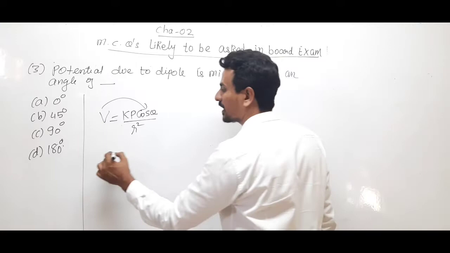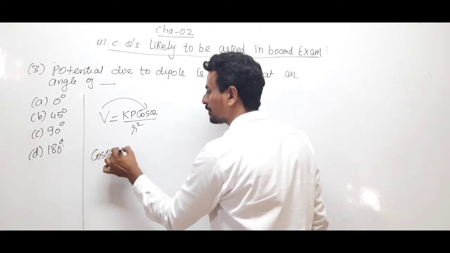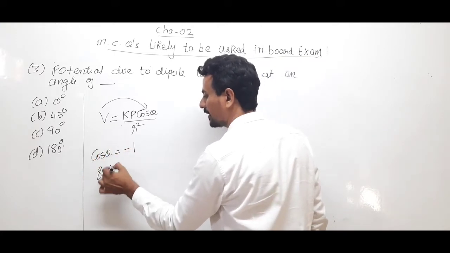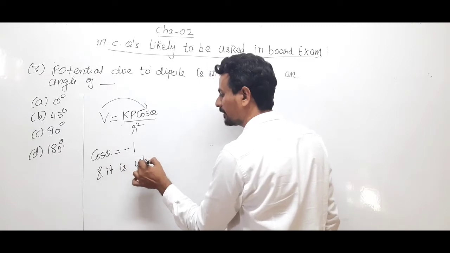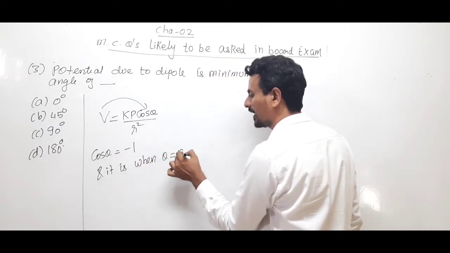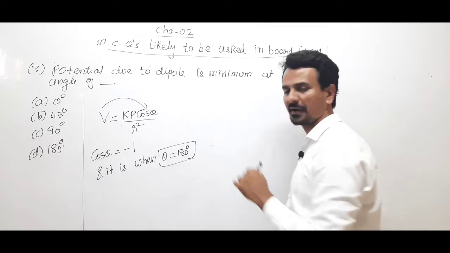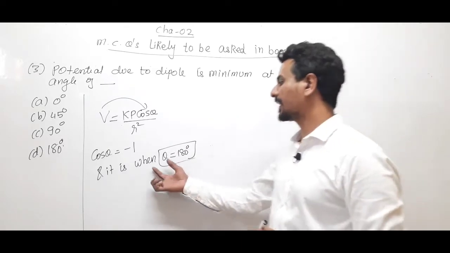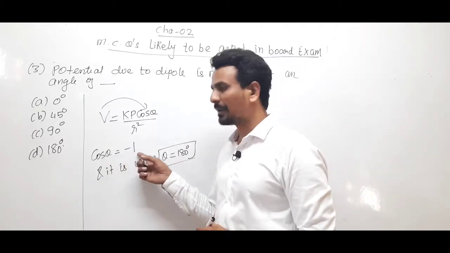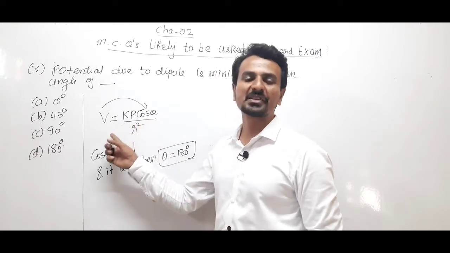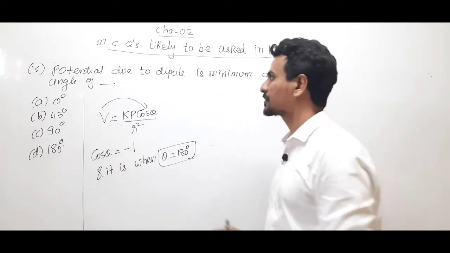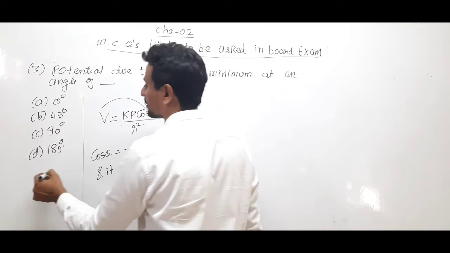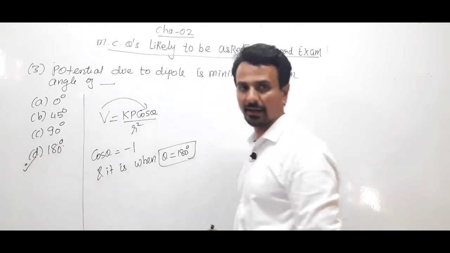Right, so cos theta will have minimum value minus 1, and it is when theta is 180 degree, because cos 180 is minus 1. So when theta is 180, cos theta will be minus 1, that will be minimum, so potential will be minimum, right? So potential will be minimum because of dipole at an angle of 180 degree.